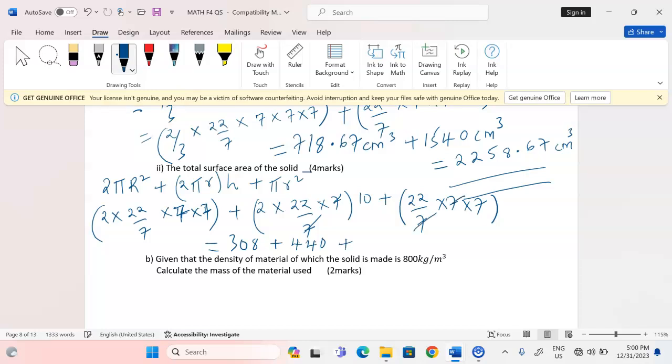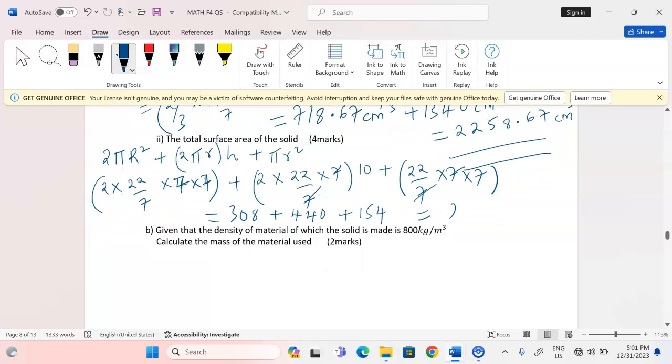Then finally we're going to have 154. So now I can add all these values. 308 plus 440 plus 154. This is going to give us exactly 902 square centimeters. So this will be the total surface area for the solid.